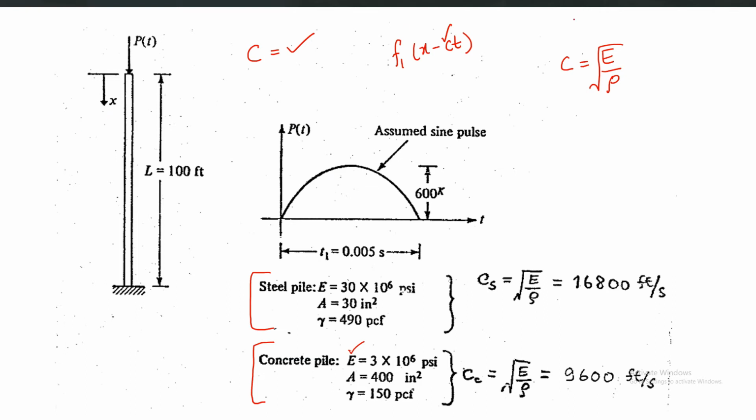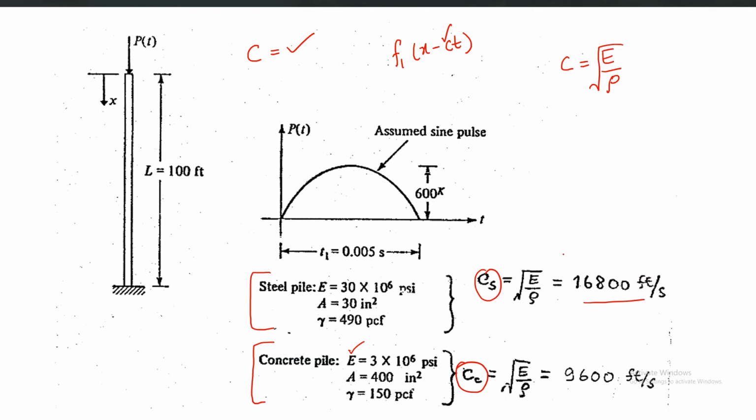So the C_S value will be representing the C value for steel, which will be very high, and for concrete the C will be relatively lower. So you can rightly guess right from here that the speed of the wave will be higher in steel compared to concrete.